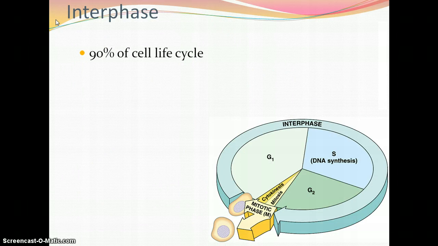But before we look carefully at mitosis, we should look at the bigger picture, because mitosis only accounts for about 10% of the cell's life cycle. The majority of the life cycle of a cell is spent in what we call interphase.